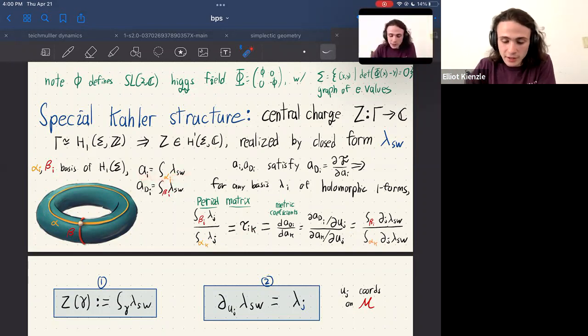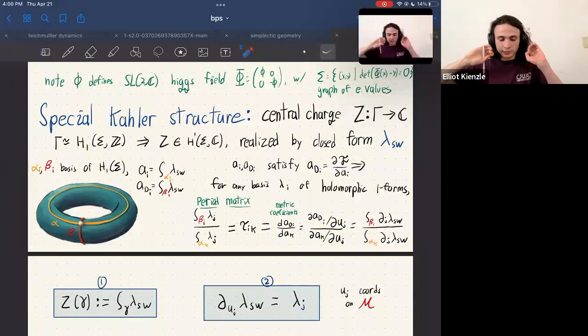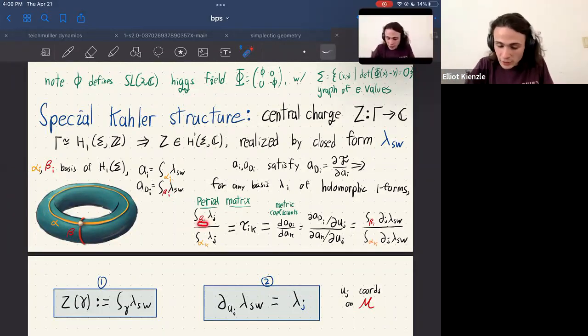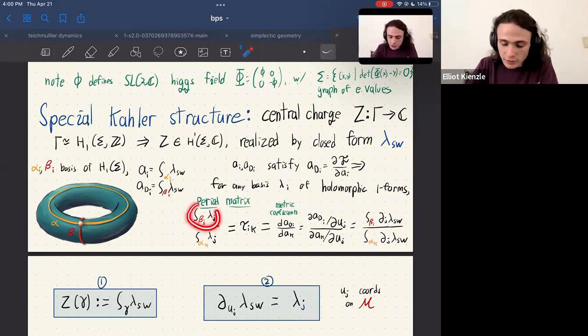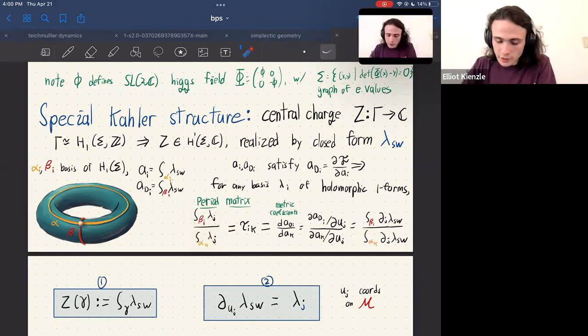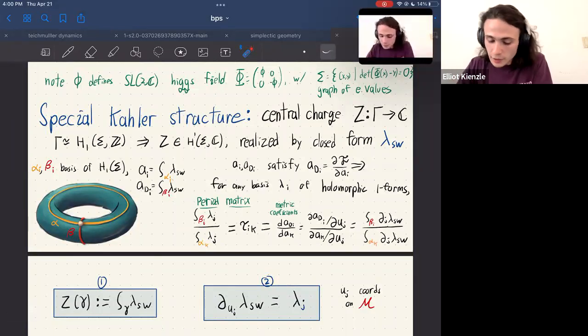Normalizing it so the A cycles all give just trivial, the easiest periods possible, and all of the interesting stuff happens in the B cycles, but we can think about that as just dividing two matrices by each other if we want to. So we're just not doing this normalization ahead of time, but basically this gives us a form of the period matrix.